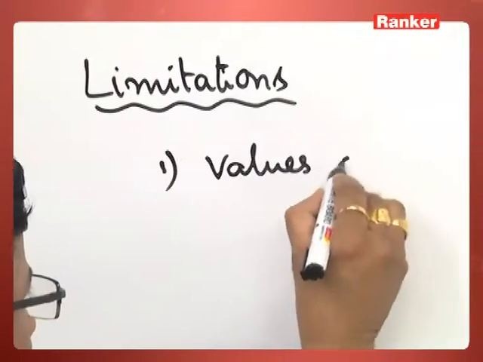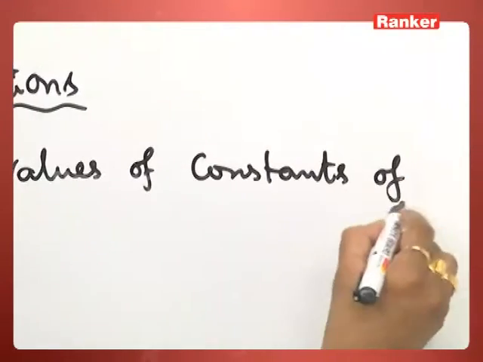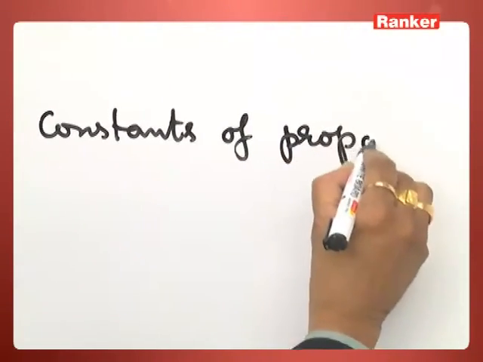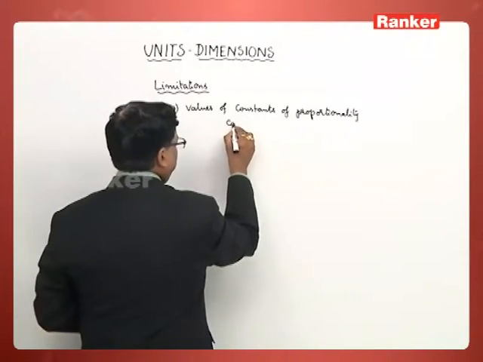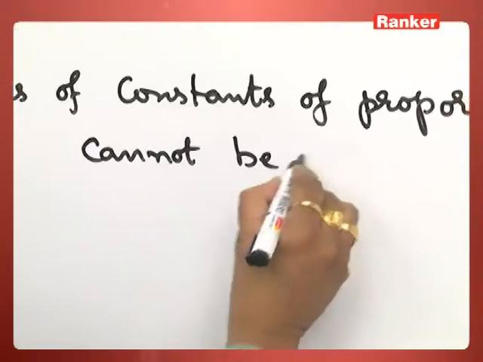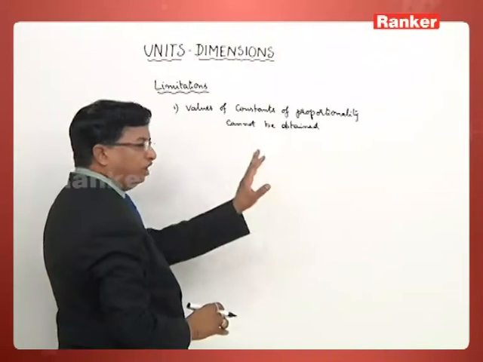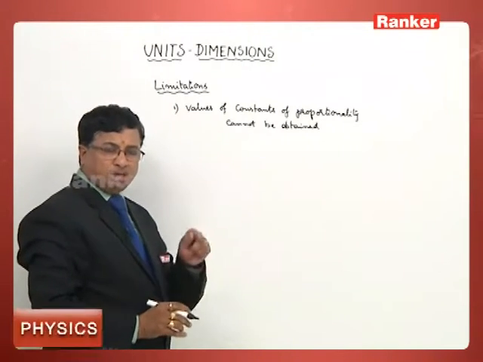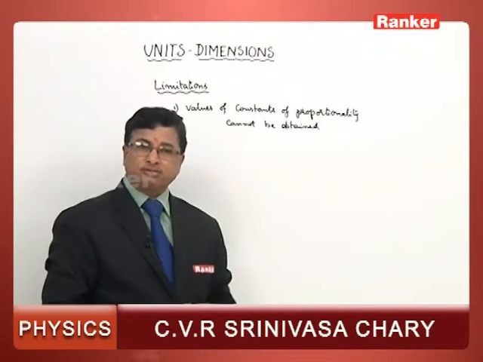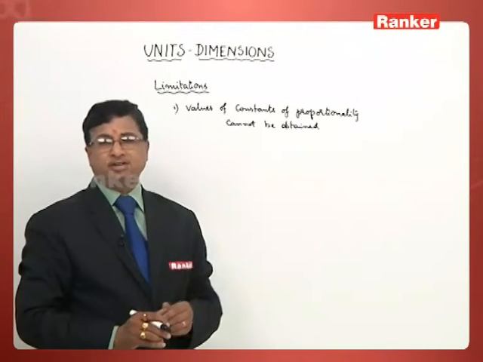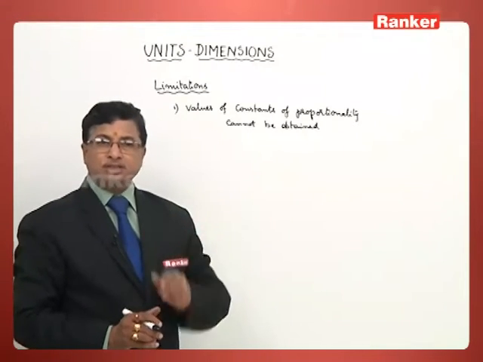Values of constants of proportionality cannot be obtained by dimensional analysis. Using dimensions, we cannot estimate what is the constant of proportionality in any of the equations. So that is in fact a constraint what we have as far as dimensional analysis is concerned.